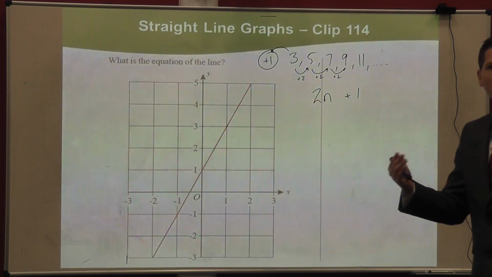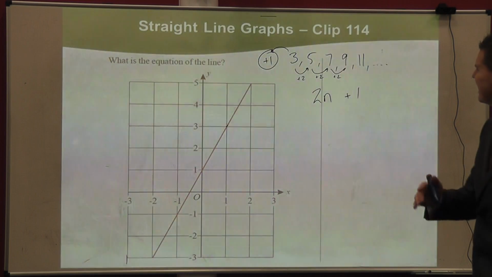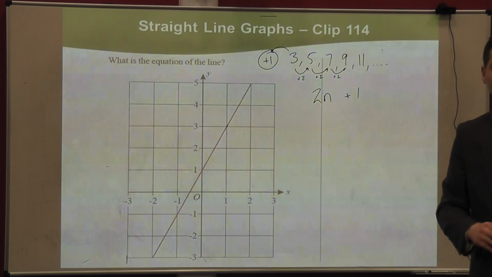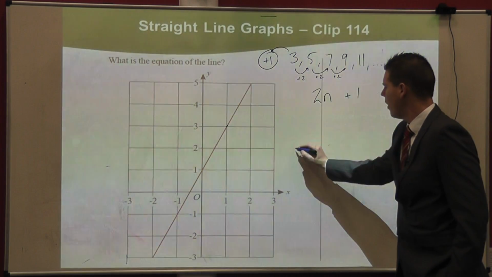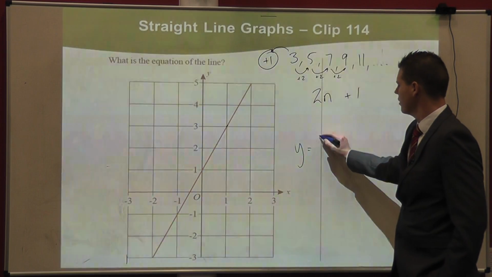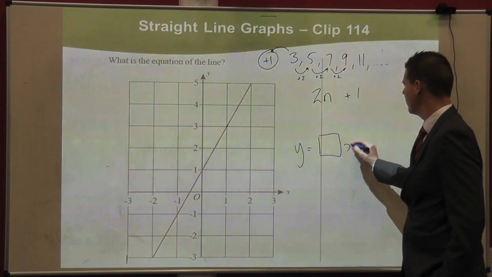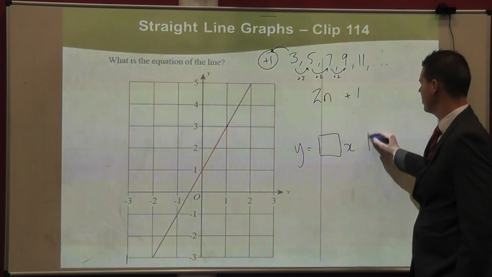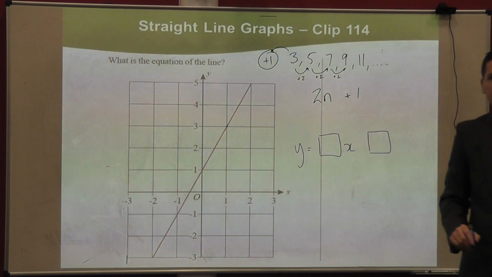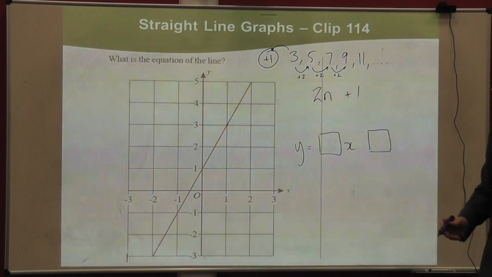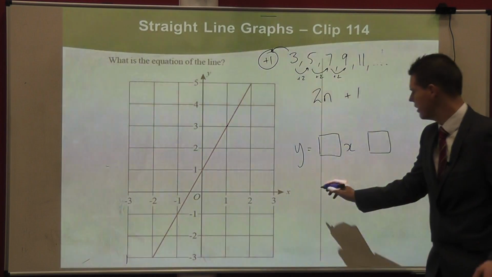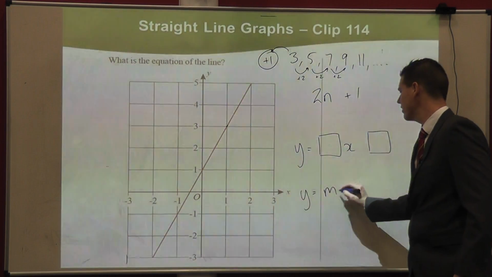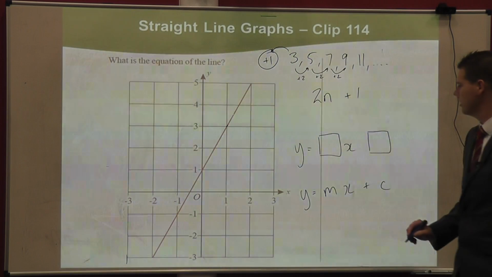The thing is, the equation of lines is exactly the same. So in this case, we're going to write y equals something x plus or minus something. Sometimes this is written as y equals mx plus c.